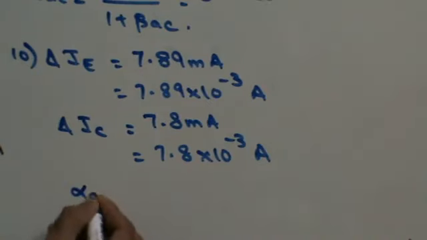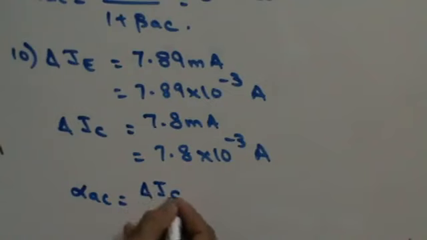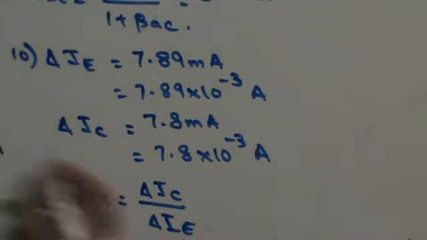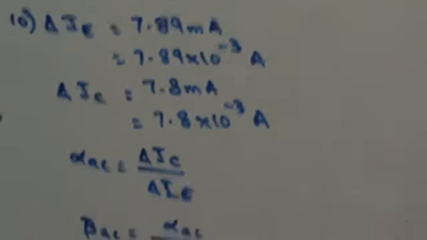First, let's find out alpha AC. Alpha AC can be written as change in collector current upon change in emitter current. Right? Once I have alpha, I can find out beta. I can say beta AC is nothing but alpha AC upon 1 minus alpha AC. That will give you your current gain.